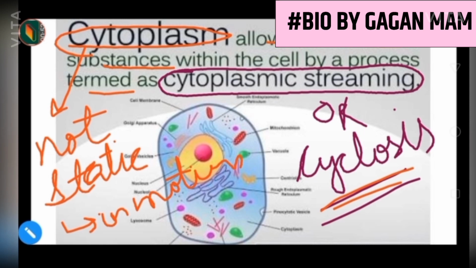This doesn't mean that the cell will move. Actually the cytoplasm, which is present in a cell, is moving, and it's the fluid which is moving, that is cytosol, not the organelles. But as organelles are embedded in the cytoplasm, when the fluid is moving, organelles also appear to move, as you can see here.